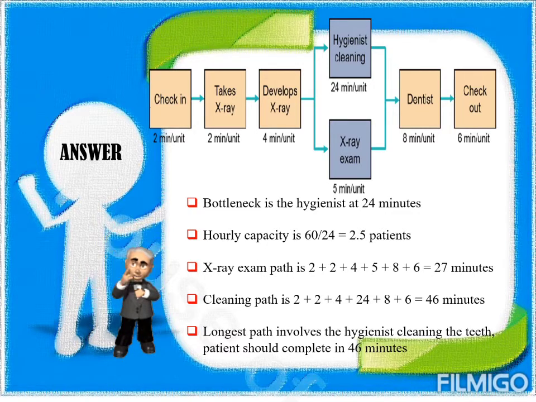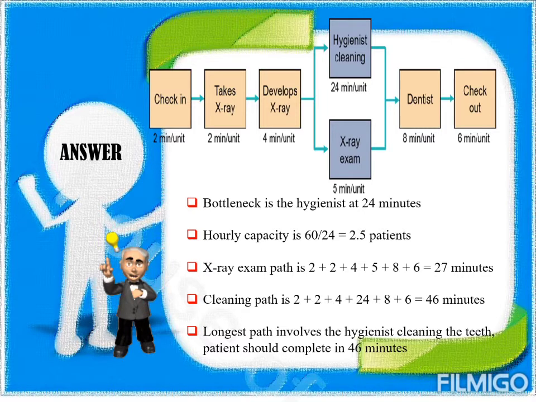So as we know, hygienist cleaning is the most time-consuming activity, because it is 24 minutes per unit, whereas the other elements are below 10 minutes. So the bottleneck for this process will be the hygienist cleaning process, which is at 24 minutes.